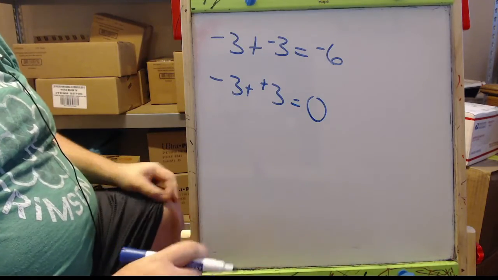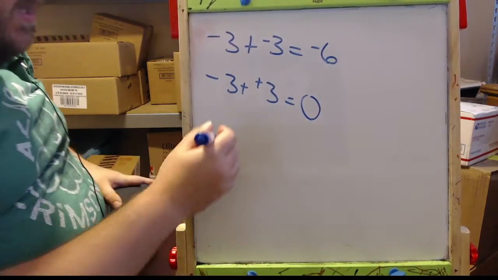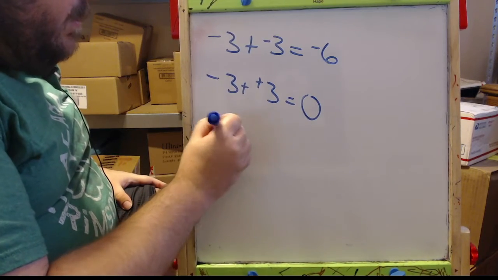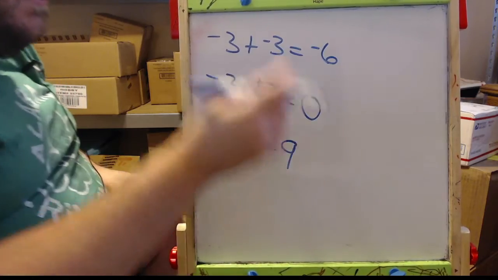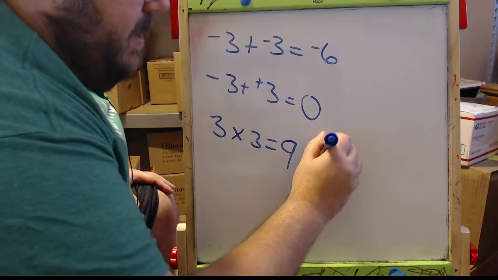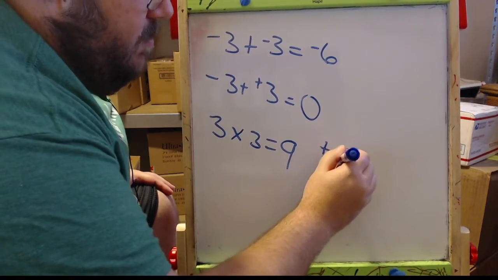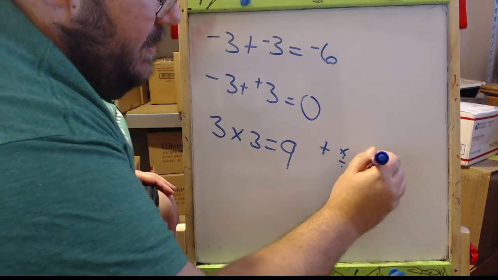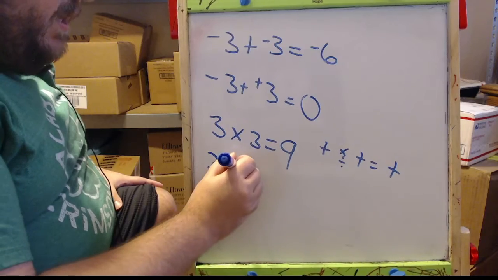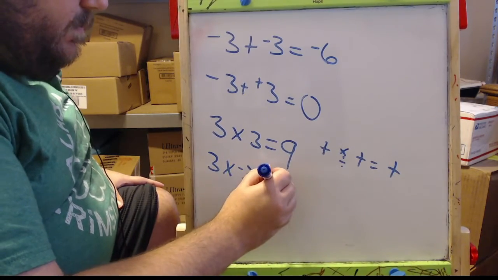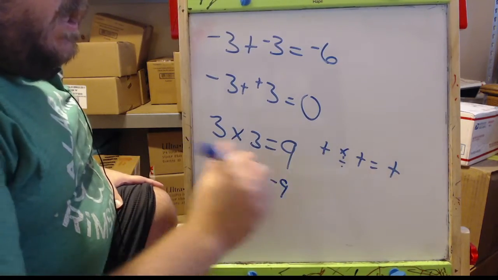Multiplying and dividing. Now, here's where it gets interesting. If I have a positive times a positive, my answer is positive. So, positive times or divided by a positive gives me a positive. A positive times a negative gives me a negative.